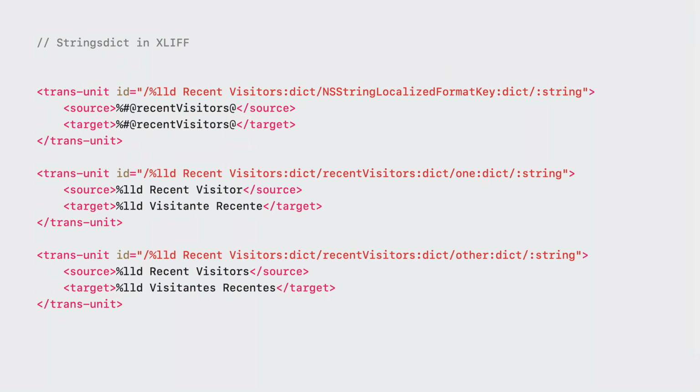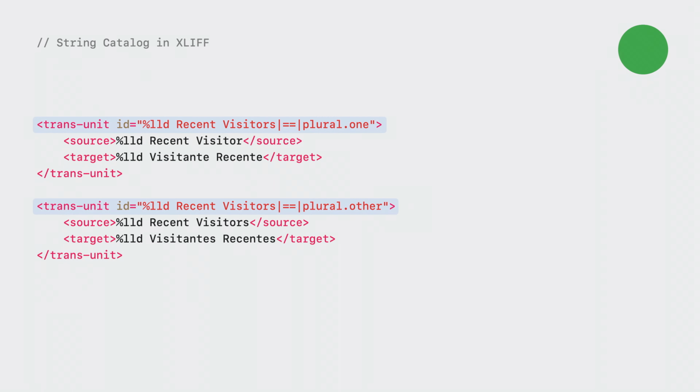Here's an example XLIFF representation of a plural string originally defined in a stringsdict file. The trans-unit identifiers shown here act as paths into the stringsdict plist format. When varied strings instead originate from a string catalog, they'll look like this instead. They contain the string key, a separator sequence, and finally a dot-separated configuration string.